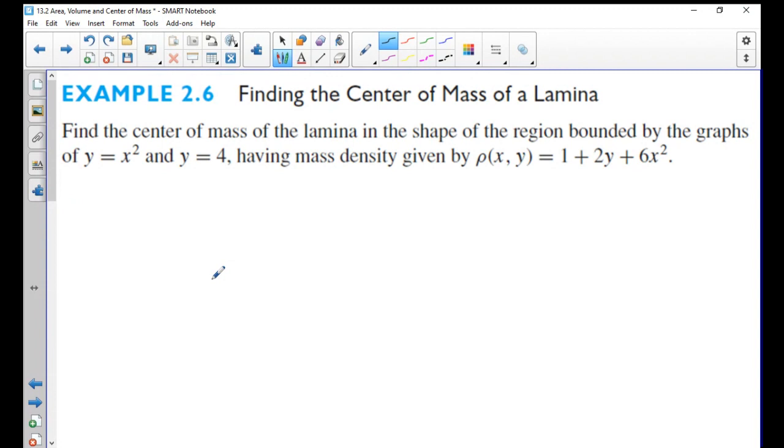Finding the center of mass of a lamina like that. Find the center of mass where the lamina is in the shape of the region bounded by y equal x squared, y equal 4. And the density is given by this function.